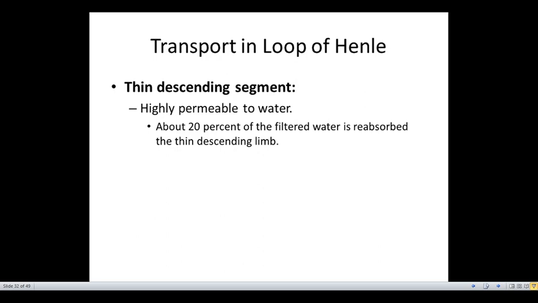The thin descending segment is highly permeable to water, and about 20% of the filtered water is reabsorbed from the thin descending limb.